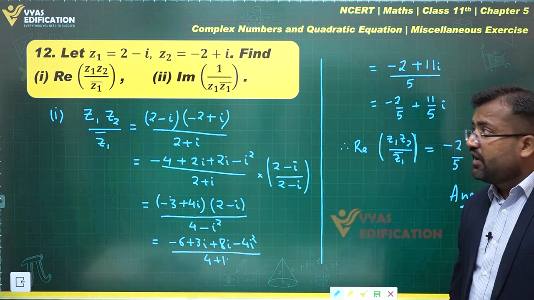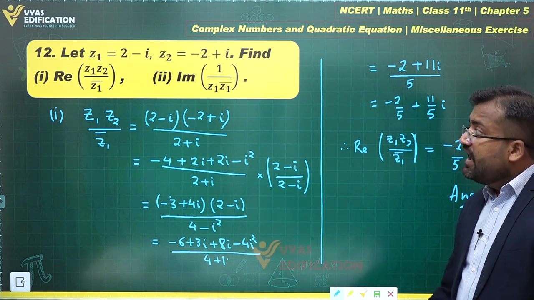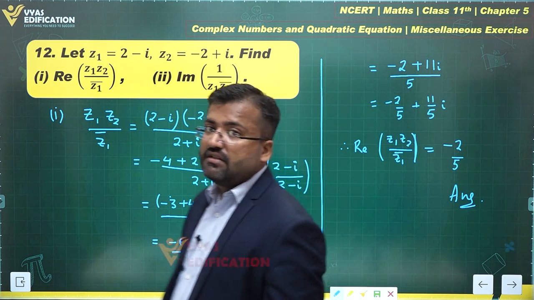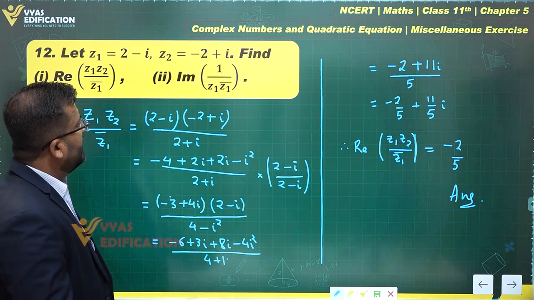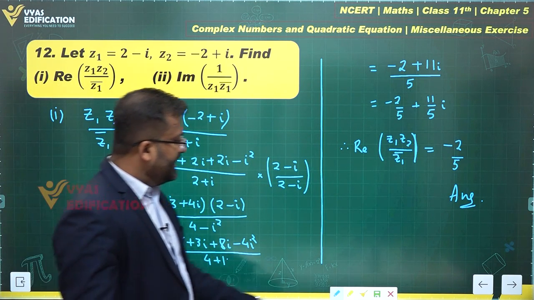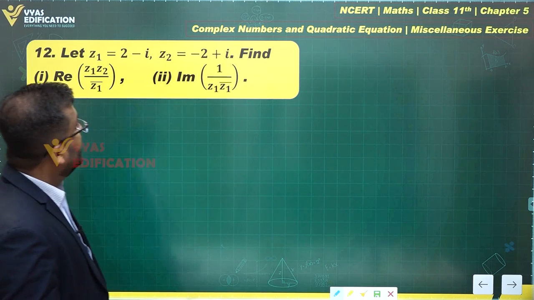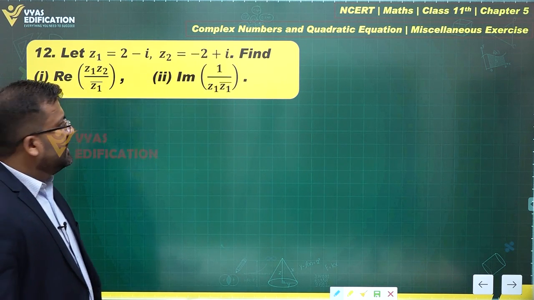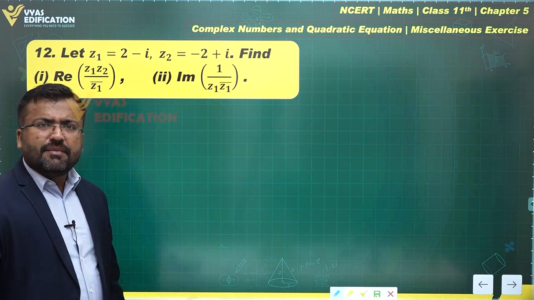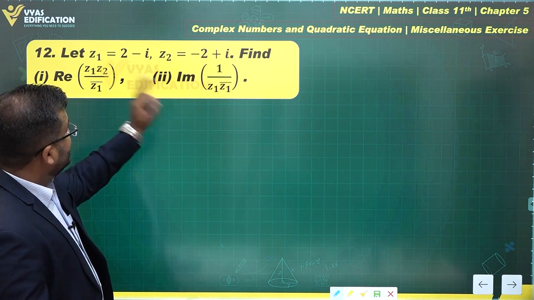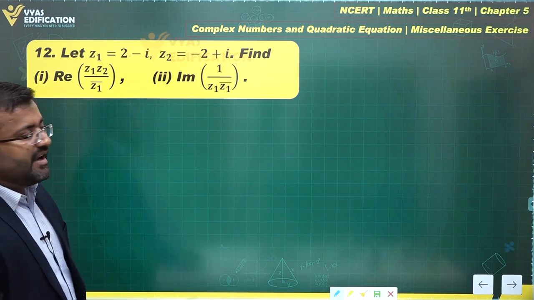This is the first part of this question. Let's take a look at the second part. Now, the second part once again is not very difficult to handle. What you have over here is Z1 Z1 bar in the denominator. One of the ideas is to simplify Z1, write Z1 bar and then multiply them together.